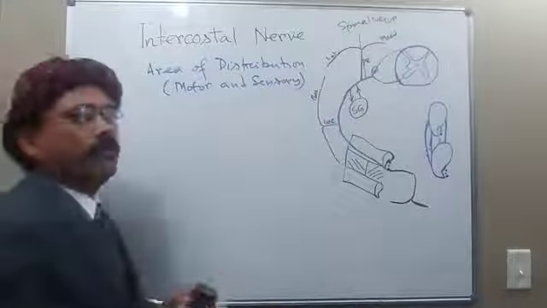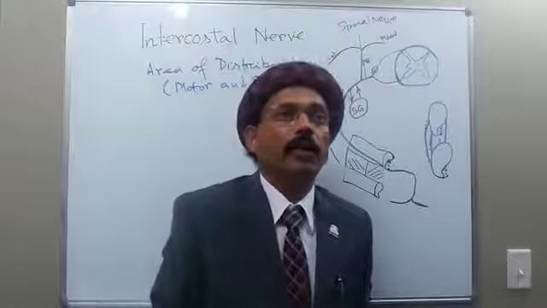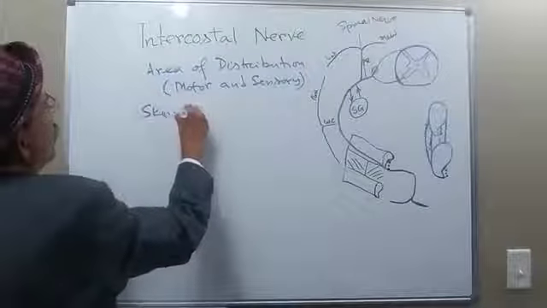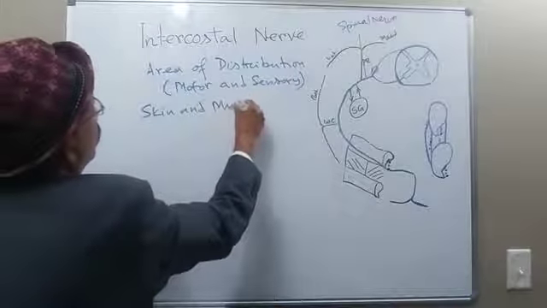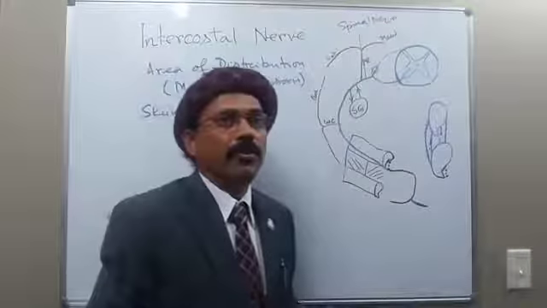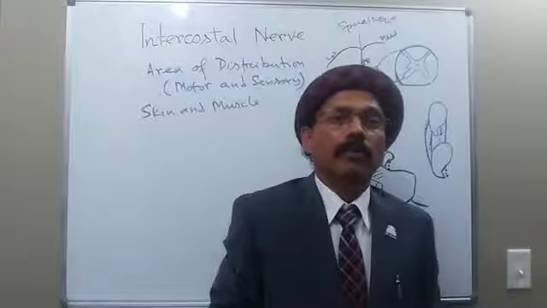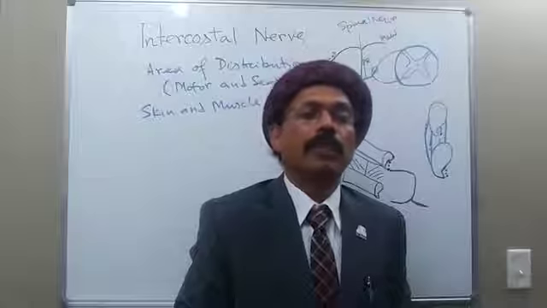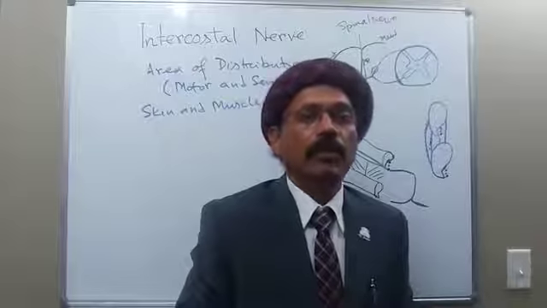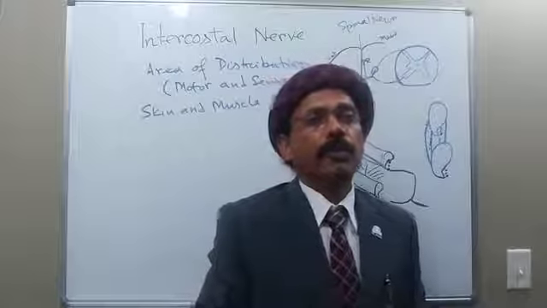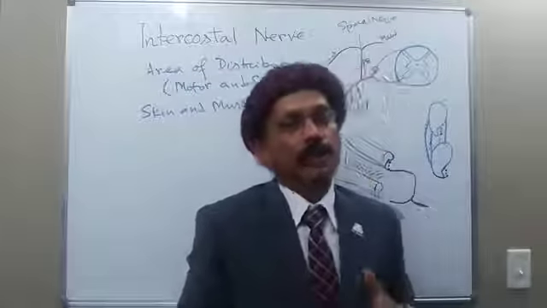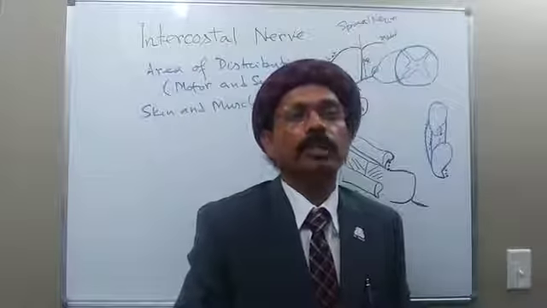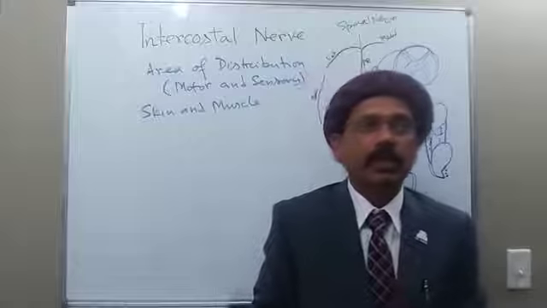So it innervates the skin and muscles of the thorax. We have the intercostal muscles: intercostalis externus, internus, and the innermost intercostalis, also called intercostalis intimus, innervated by the intercostal nerve.